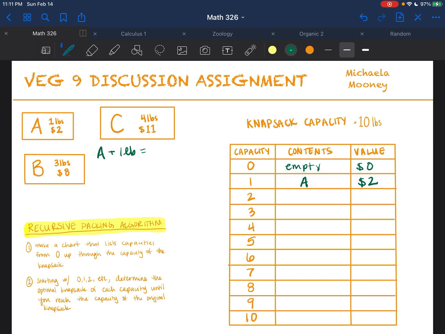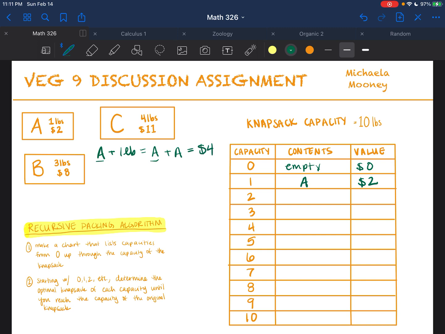So that means we're going to add our original A plus the optimal capacity for 1 pound, which is also A. And then we're going to add those two values together. So 2 plus 2 equals $4.